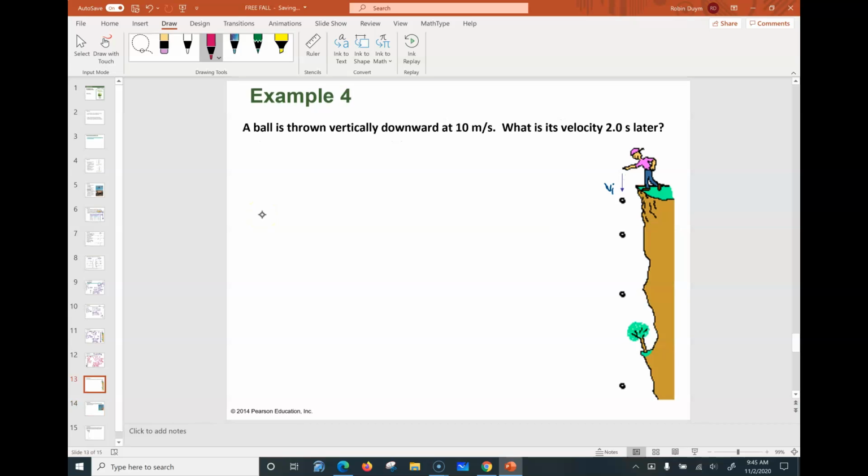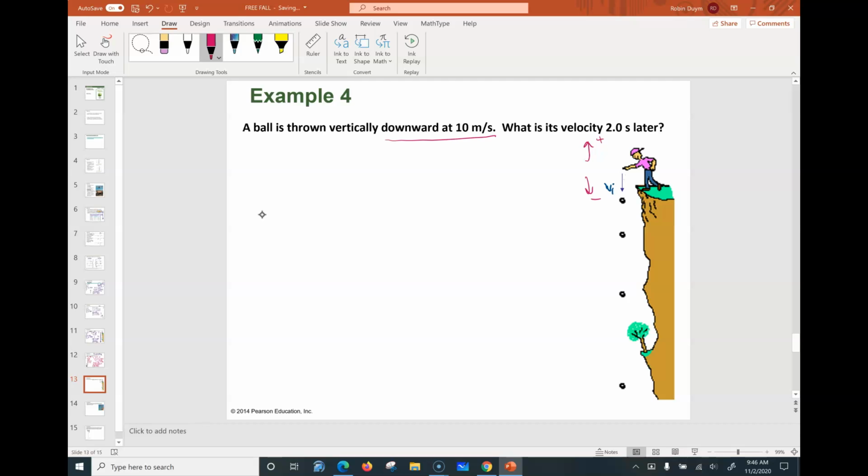Now this one's a little bit different. It's same kind of idea as a cliff, so just remind yourself that up is positive, down is negative, and the one thing that's different is that we're actually giving it an initial velocity, and we want to know what is its velocity 2 seconds later.